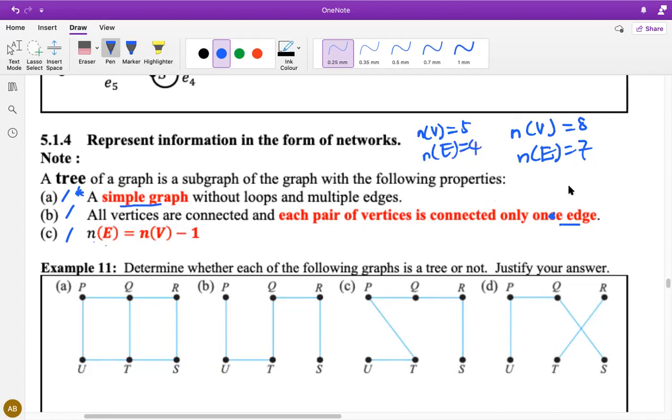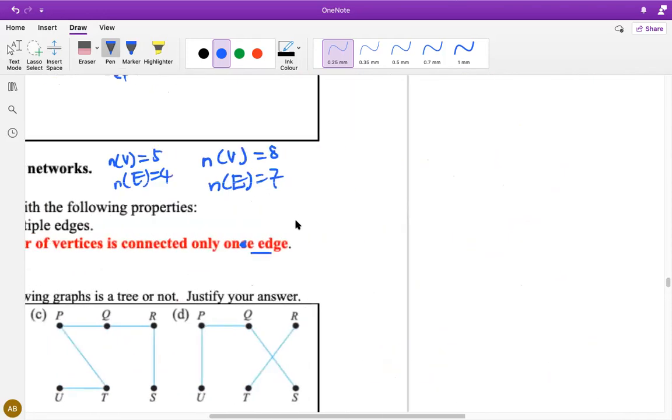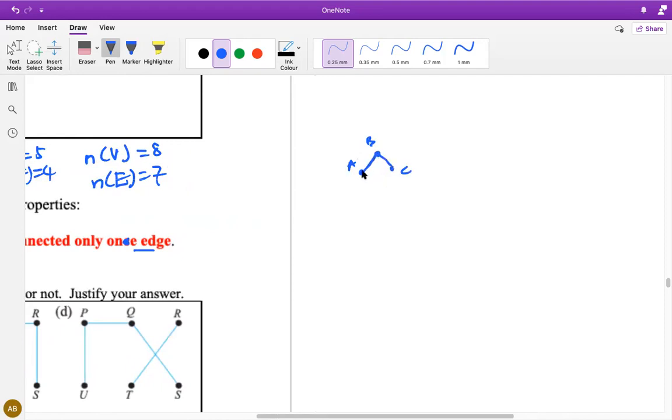This is very logical. So let's say I give you, we do some inductive. So I have 3 dots, right? A, B, and C. So it will be connected only with one. That means one pair of vertices is only one edge, right?